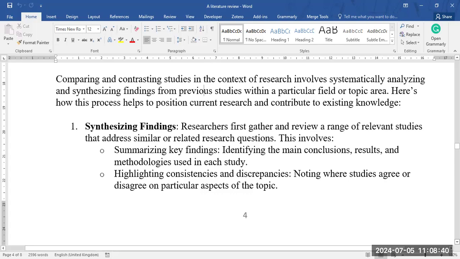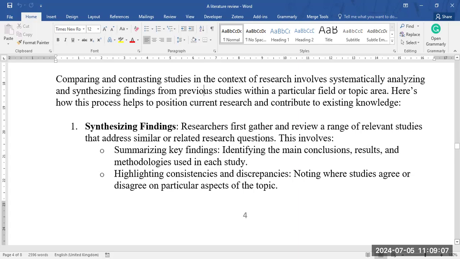So synthesizing the findings means summarizing the findings. Researchers first gather and review a range of relevant studies that address similar or related research questions. As I said, we will discuss how we can search the sources using different online sources. Nowadays it is very convenient for researchers to get the relevant research works.